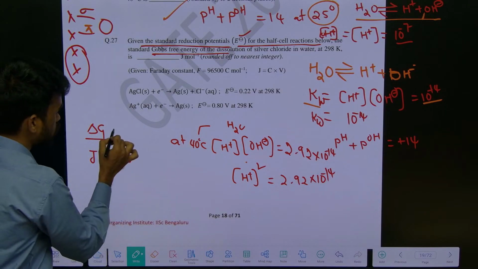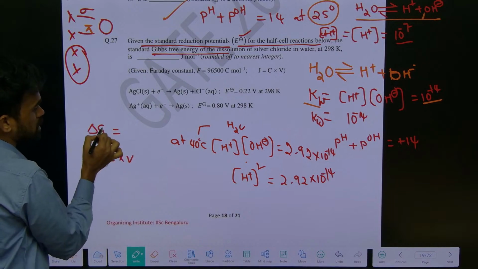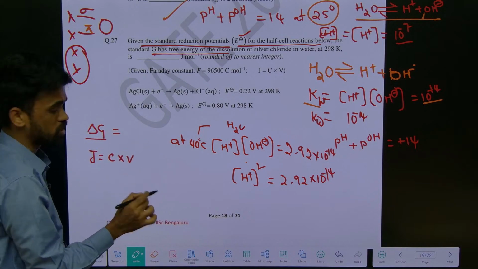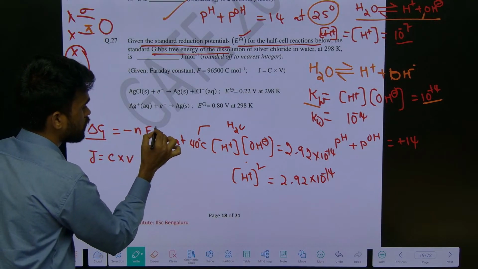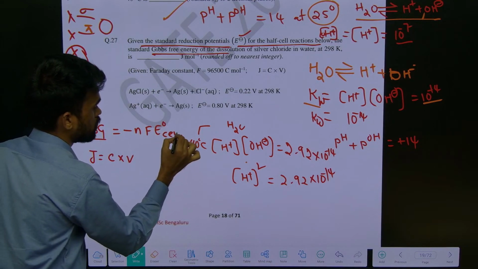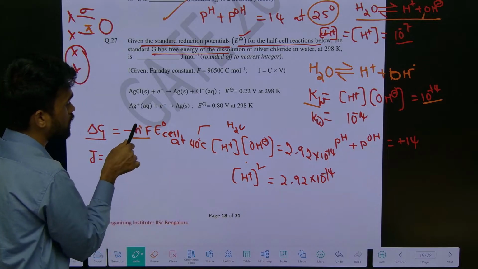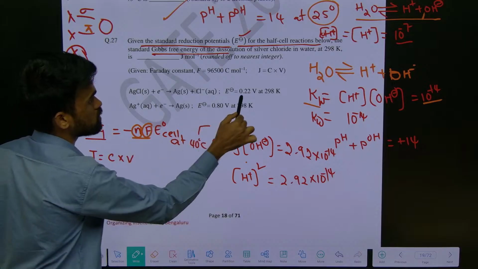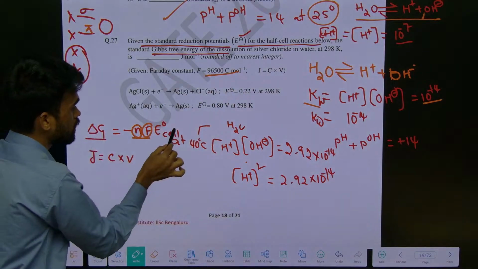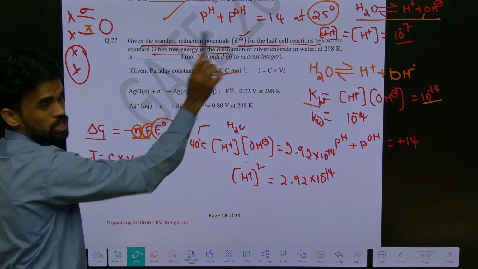Here delta G is nothing but the maximum work done by the system, given as minus nF E naught cell.